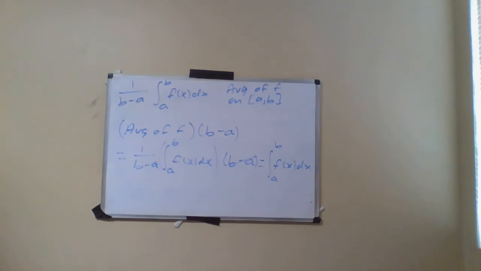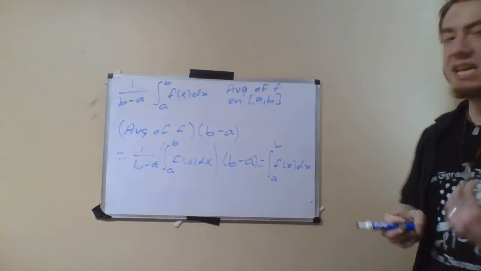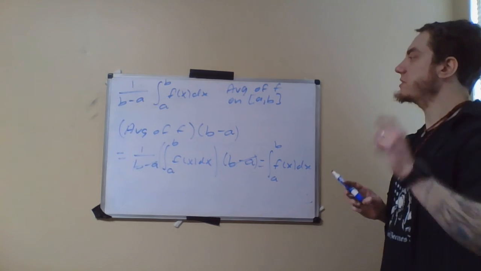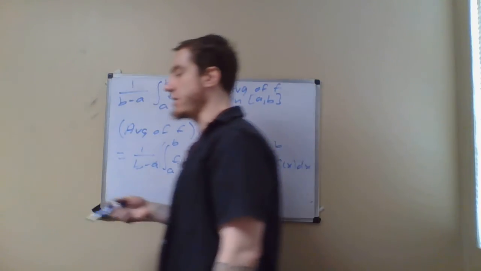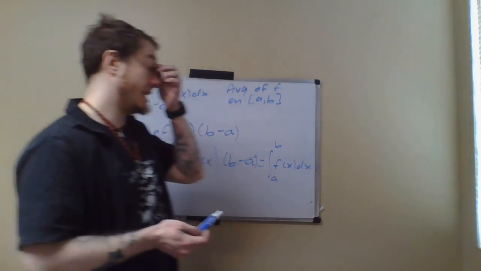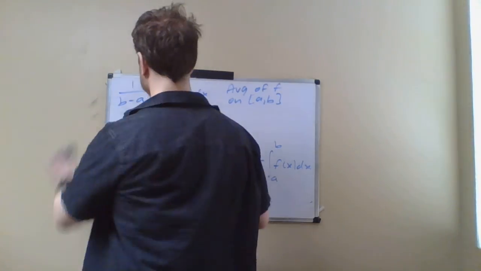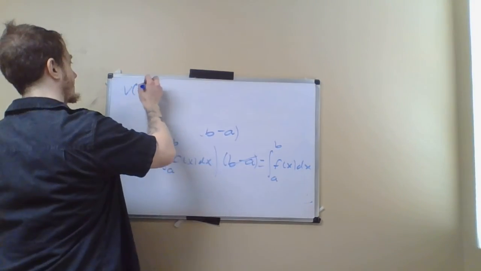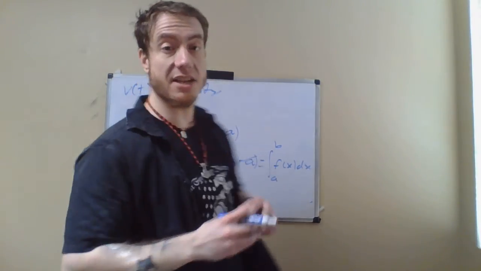So this property is really another reason to think of this as the average. If you take the average times the width of the interval, you get the integral. And this makes a lot of sense. For instance, let's suppose that my function, instead of being f of x, is v of t, a velocity function given as a function of time.